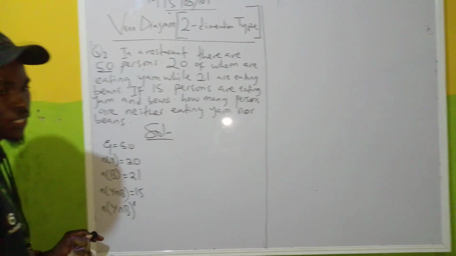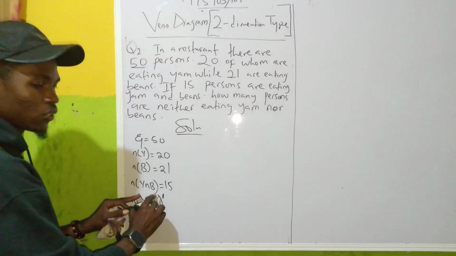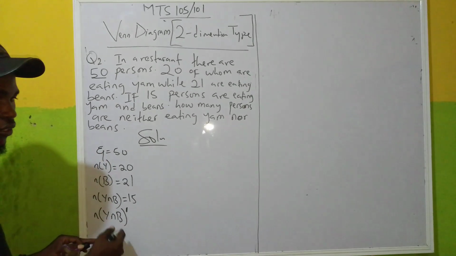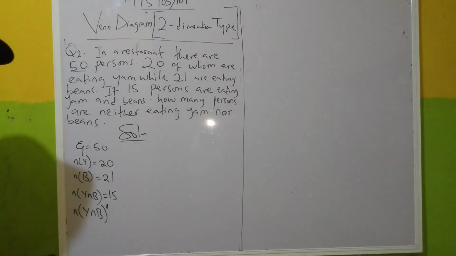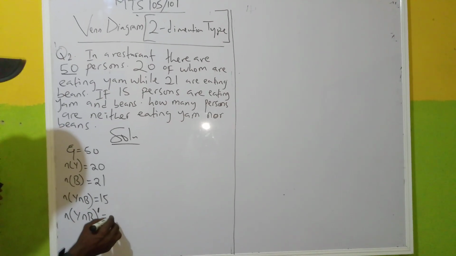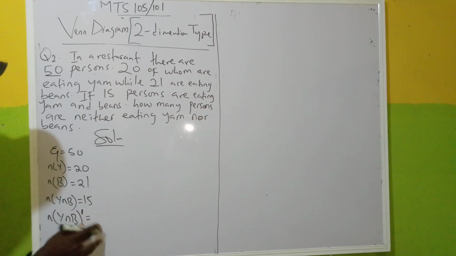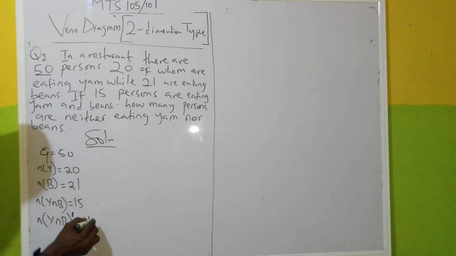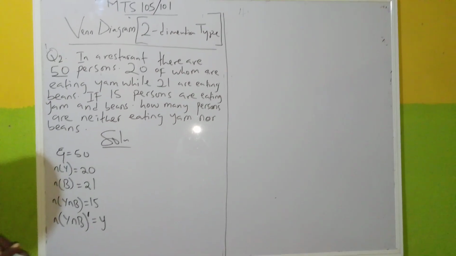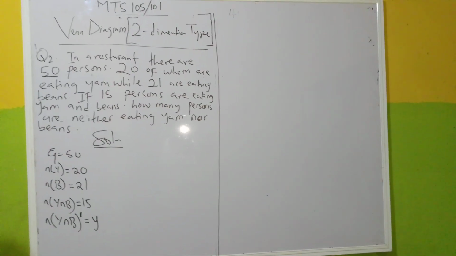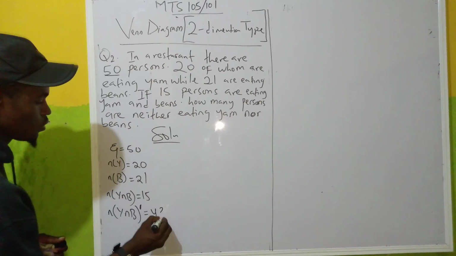That's the representation of neither, nor. So the intersection of all the sets you have carrying prime is the representation for neither nor. So this one now is unknown. Let me make it y. So it is unknown, so I can put a question mark because we don't know it.